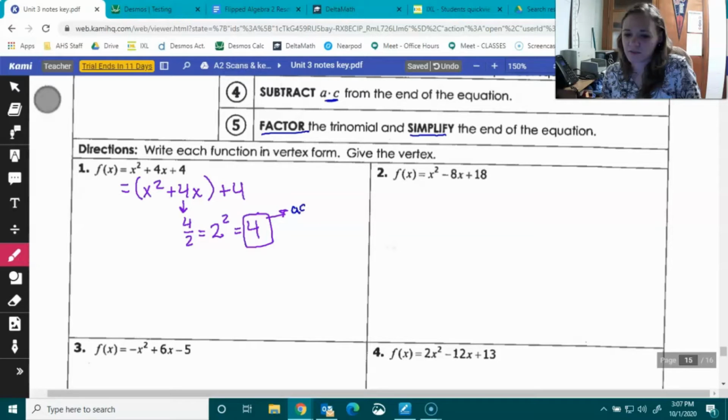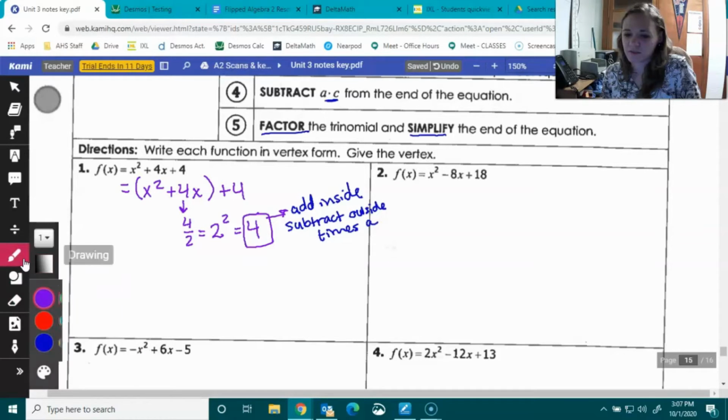You're going to add it to the inside on our next step and subtract on the outside. And then we're going to multiply it times A. Alright. My computer's being real slow right now. Maybe I have too many tabs open.